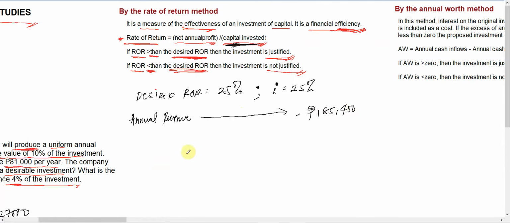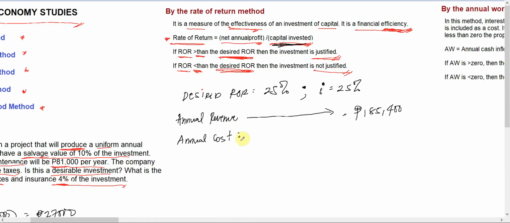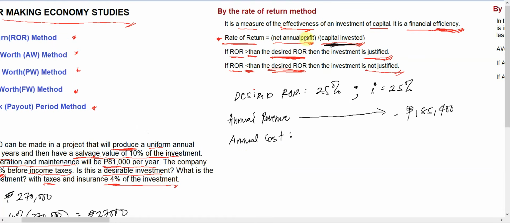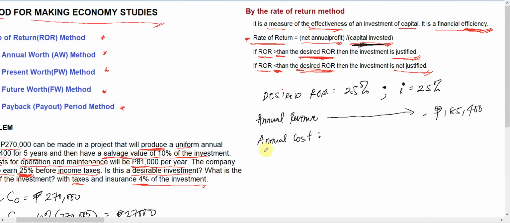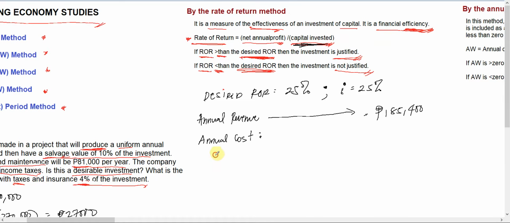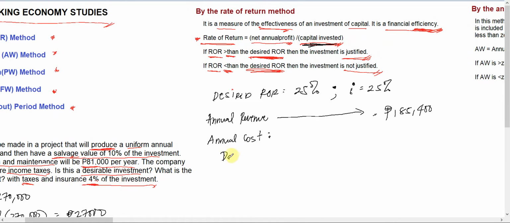Again, ima-minus natin lahat dyan yung annual cost. Okay? Annual cost na meron dito sa investment na to. Ayan. So, para makuha yung net annual profit, ang unang sinusolve natin dito sa annual cost is actually the depreciation nung investment.